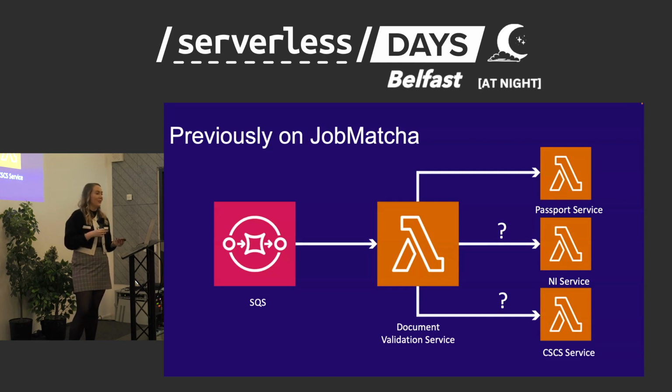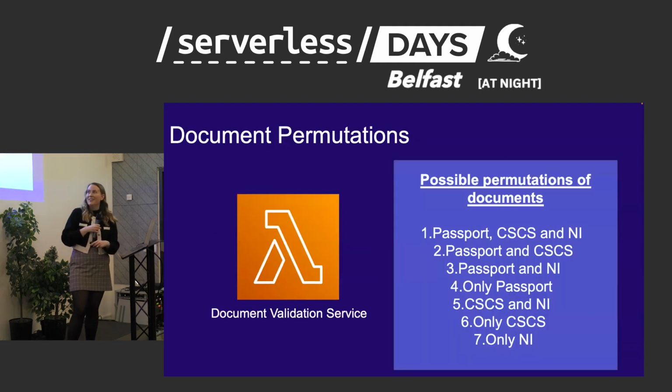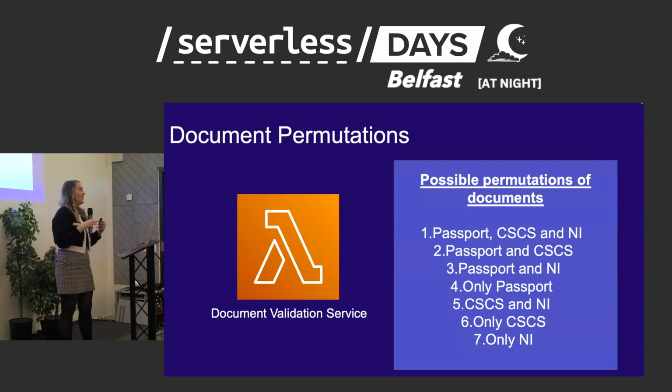Workers were able to manually enter it and prove their national insurance number that way. Finally, passport also became optional. This resulted in us having 7 different possible permutations of document combinations that could be uploaded to the system. You could potentially have all 3 documents, any combination of 2 documents, or just 1 document.